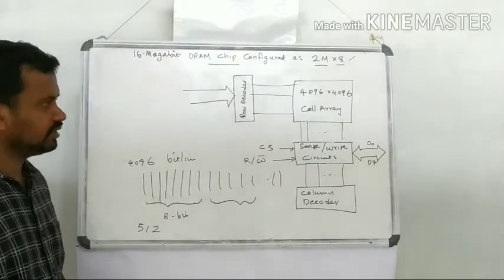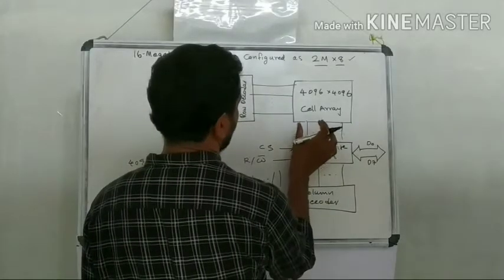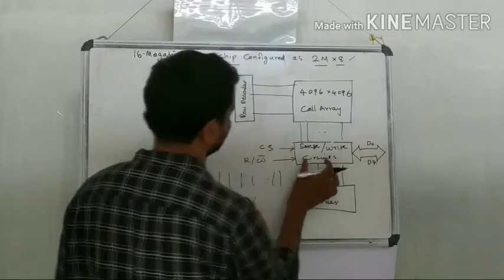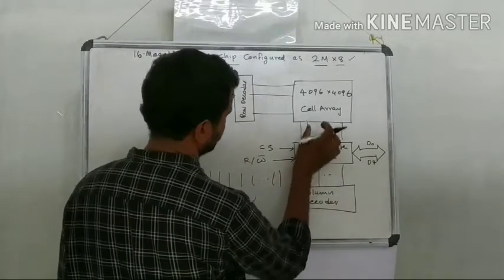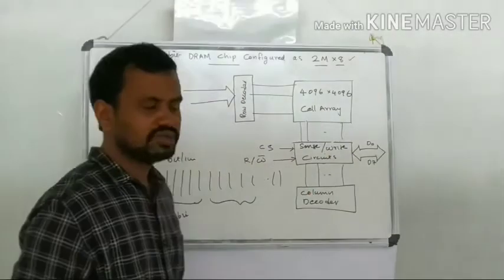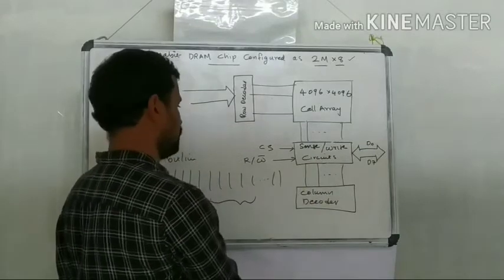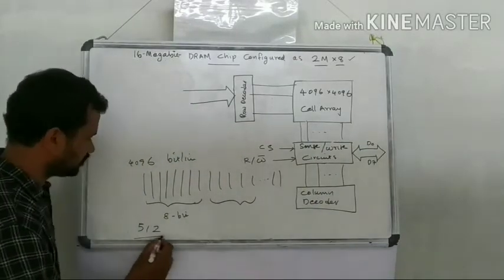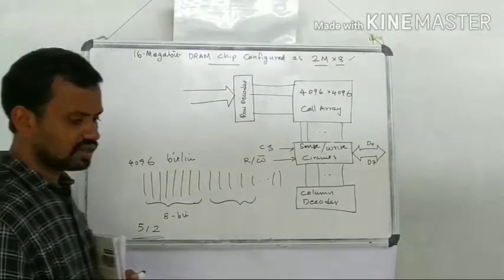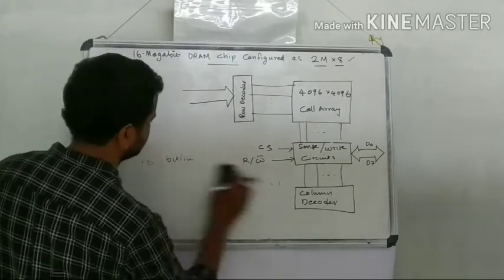We need to select only one such 8 bit group from the sense write circuits, because each of these bit lines is connected with a sense write circuit. So we need to select one such group from the 512 groups.